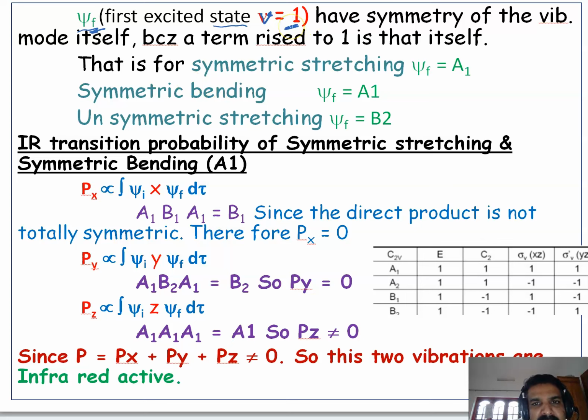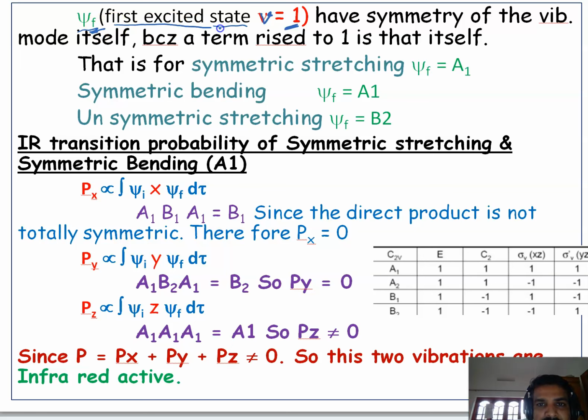That is the 99% intense transition, because by studying the population we can see that all the molecules are in the ground vibration level at normal temperature, normal conditions. Therefore the most intense, most important peak is from v equal to 0 to v equal to 1. V equal to 0 is psi I, and that is always totally symmetric, as we have studied.